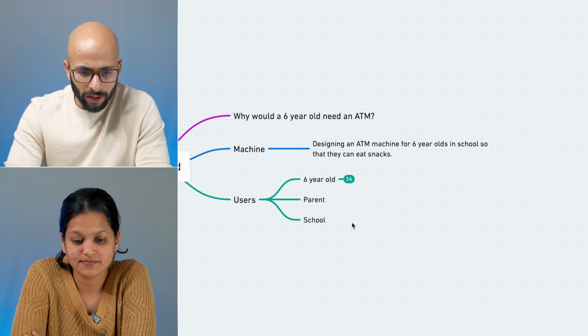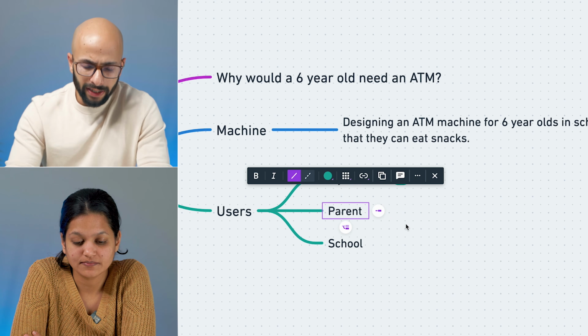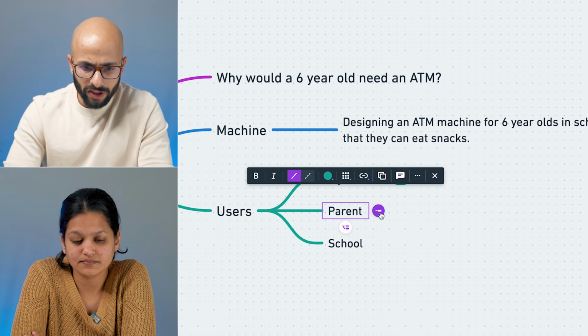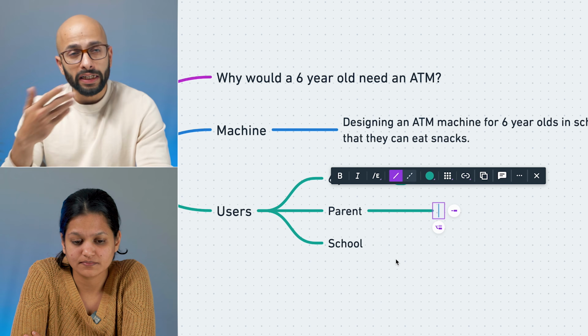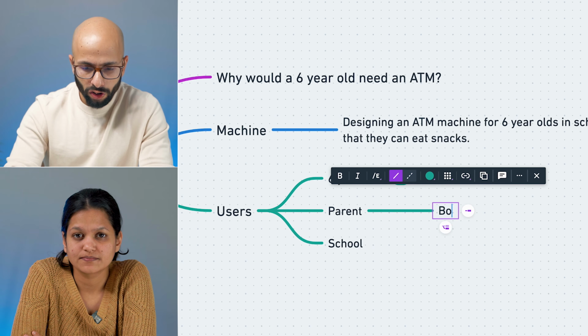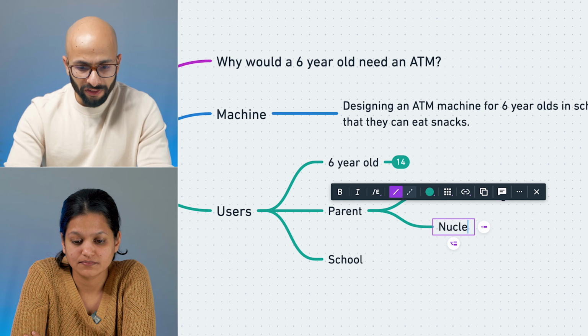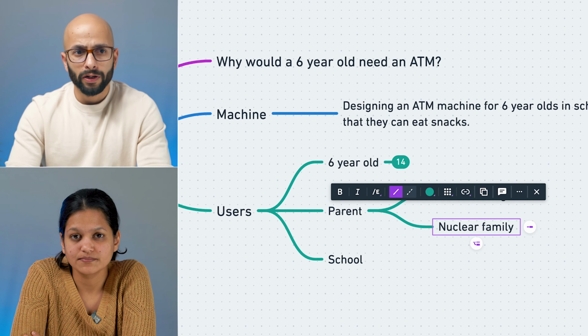But I want to go to the parent because they're also a very important user in this ecosystem. For parents, I want to list down the use cases that are relevant to this, right? If they're in tier 1, they're most probably both working, they're in a nuclear family, not joint families, so they don't have people to cook food.